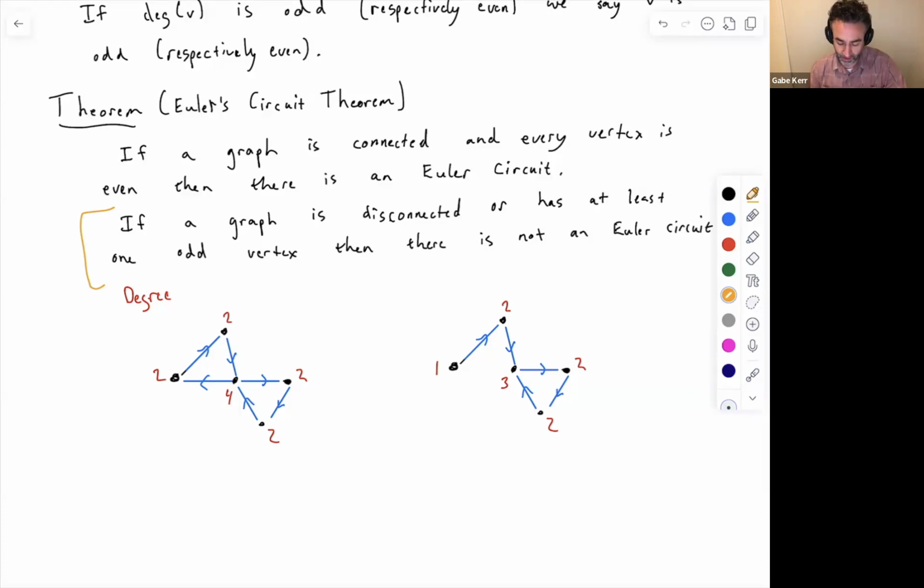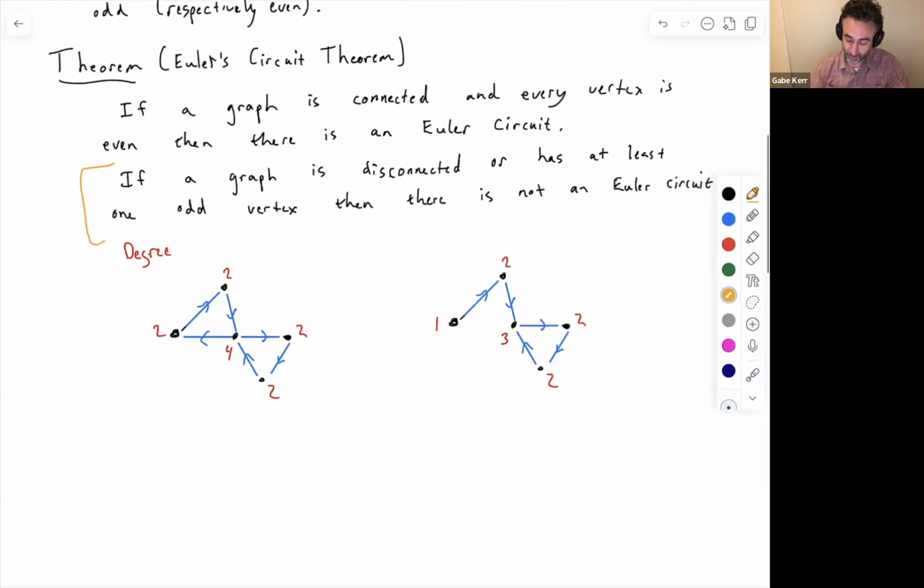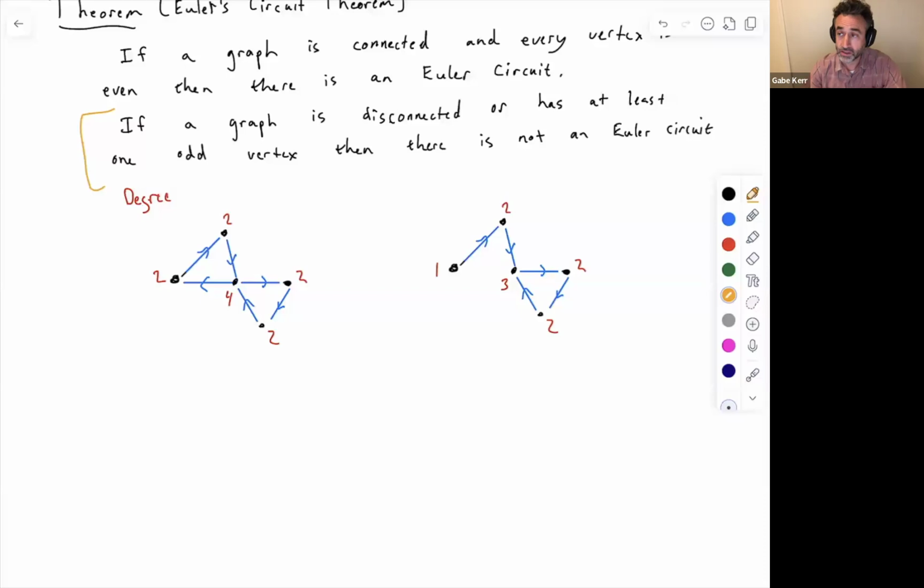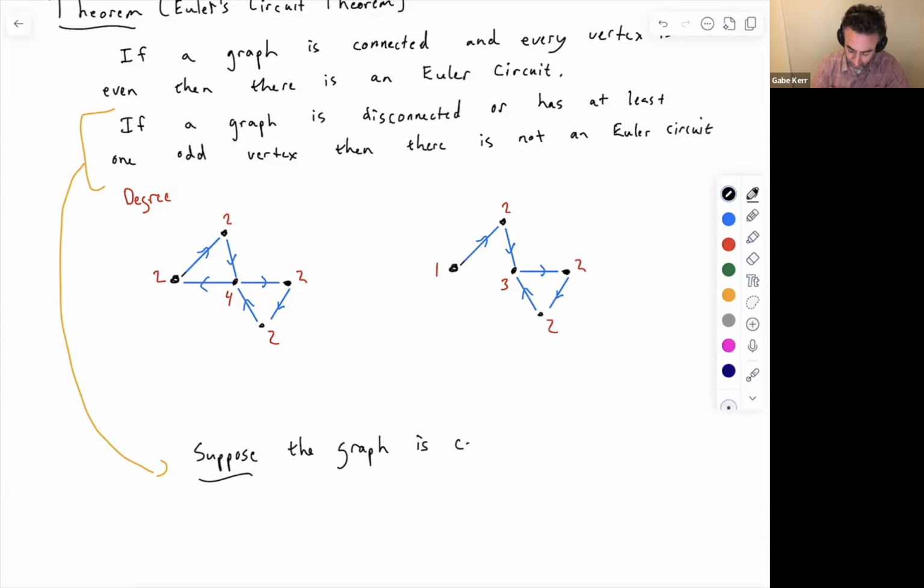Let's see why this is true by thinking about our graph and assuming that there is an Euler circuit. Suppose that the graph is connected, and suppose for the moment that there is an Euler circuit.